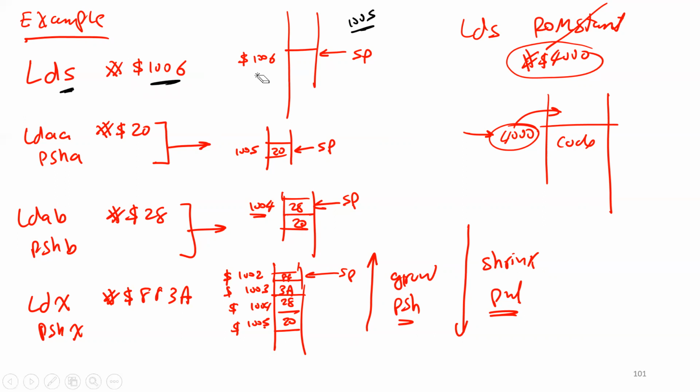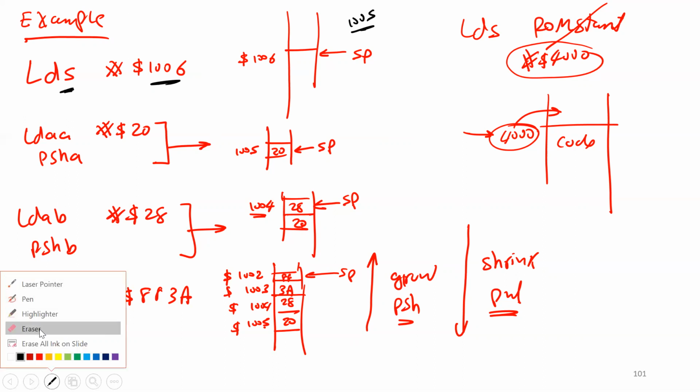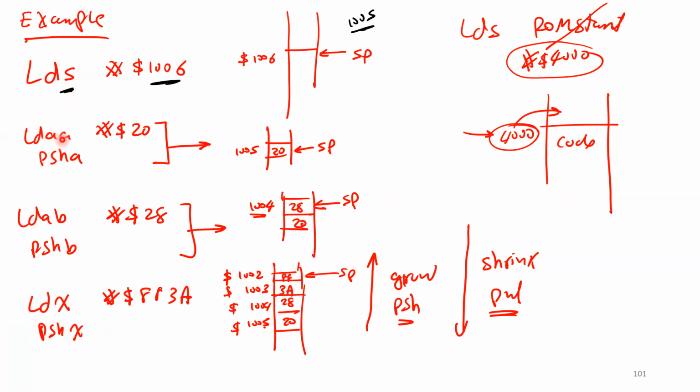Now look here, guys, at what I did. Load register A with 20, so I'm going to store 20 in register A, and then I'm going to say push A. When I do that, the stack pointer should be at 1005, and I put 20 here. The stack was empty, now it has 1 byte.